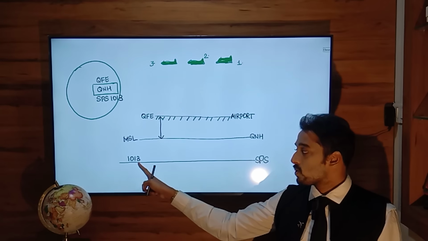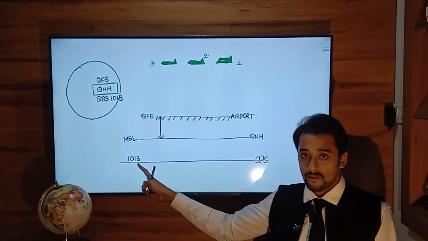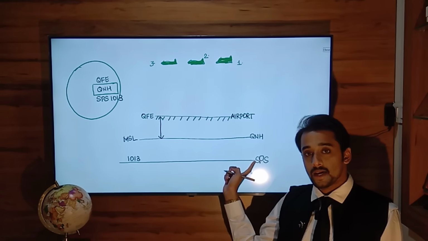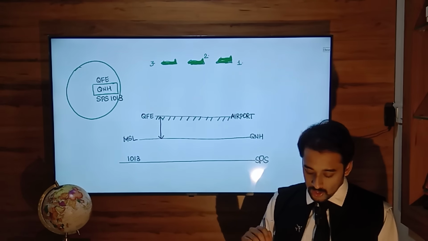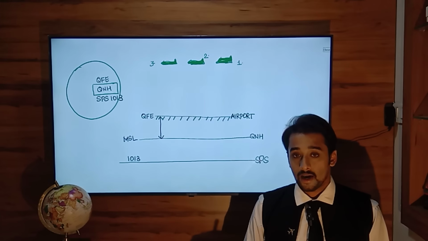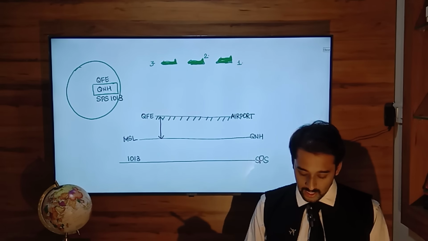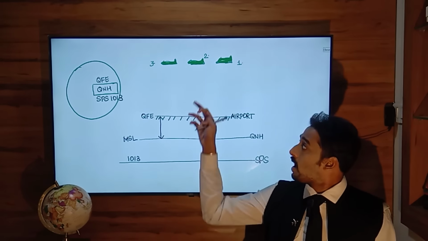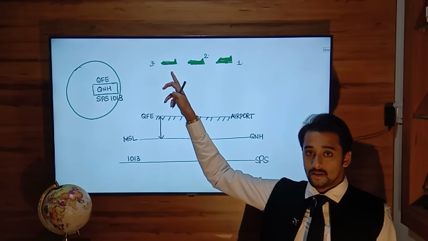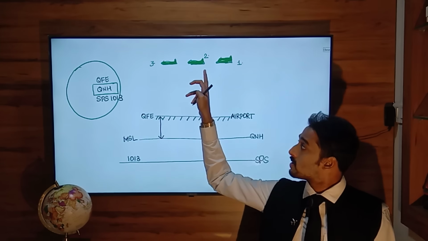And then we have 1013 or the standard pressure setting of ISA. We call it SPS or standard pressure setting. So these are the three pressure data that I have used for this example. Similarly, I have used three aircraft. We will see their purpose.